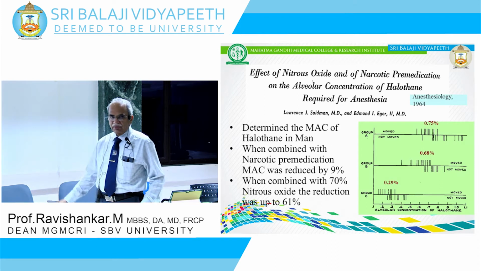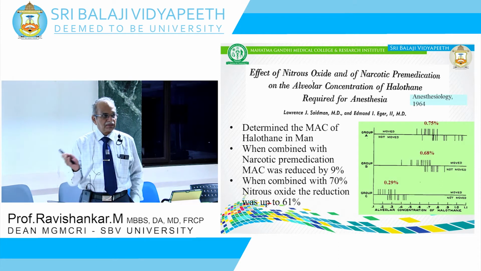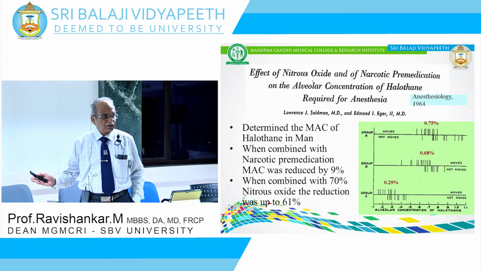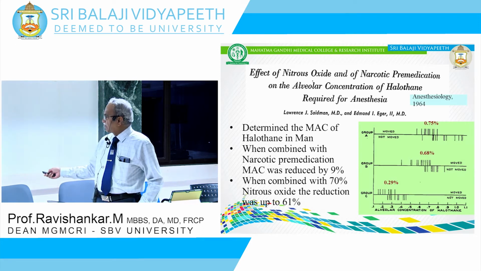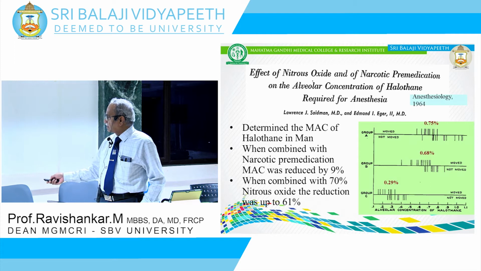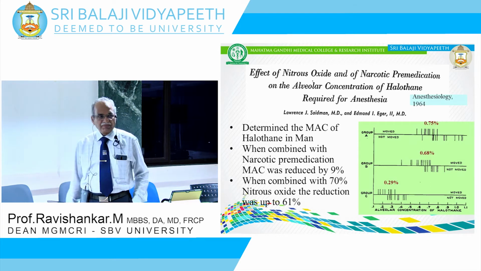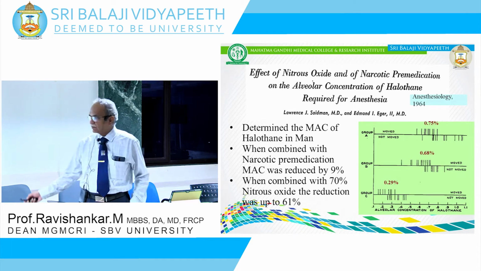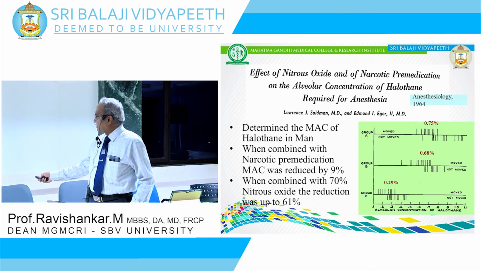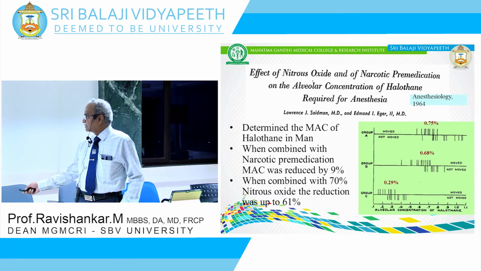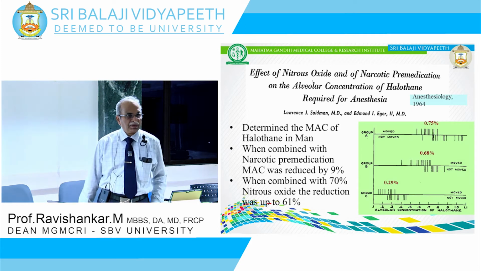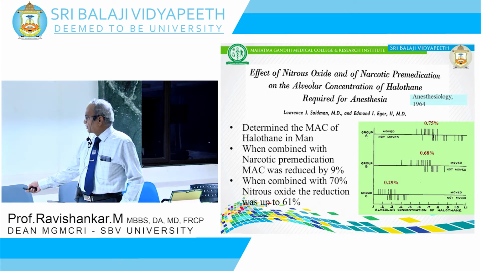They took the midpoint at which there is a transition from movement to no movement, and that is defined as MAC. When you looked at group B, which had the narcotic, there was a 9% reduction in the MAC, from 0.75 to 0.68. And when they added 70% nitrous oxide, there was a 61% reduction in the MAC, and it came down to 0.29.